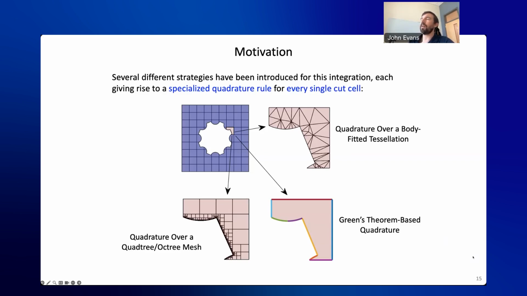Now, with all of these, though, you need to actually have specialized quadrature rules, and not just that, but specialized quadrature rules for every single cut cell. And with many classical finite element codes, implementing these quadrature rules really requires a reworking of the underlying code.